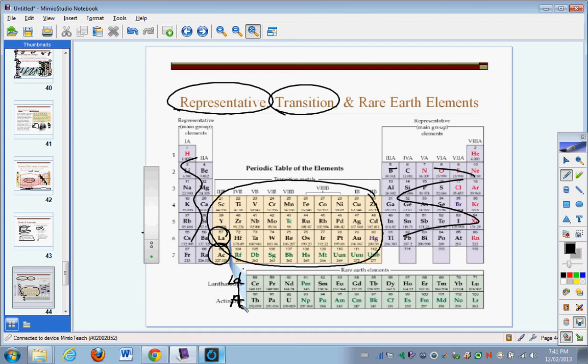Because of that, the first row of the rare earths, starting with lanthanum, is really referred to as the lanthanide series, or the lanthanides, if you prefer. The second row, starting with actinium, is the actinide series, or the actinides, plural. So you could refer to that entire green section as rare earth metals, or more specifically, the first row is the lanthanide series, and the second row, the actinide series.